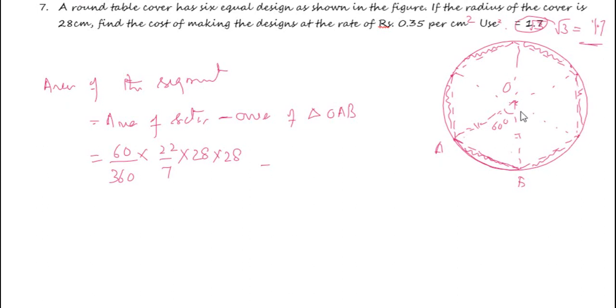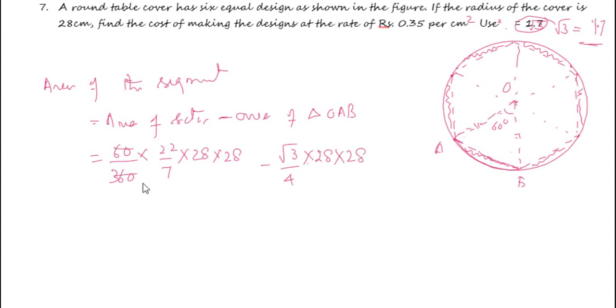This is an equilateral triangle, so area of equilateral triangle is equal to root 3 divided by 4 into a square. Here a is the side of the equilateral triangle, which is the radius of this circle, so it is into 28 into 28.